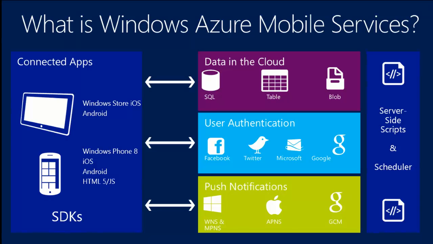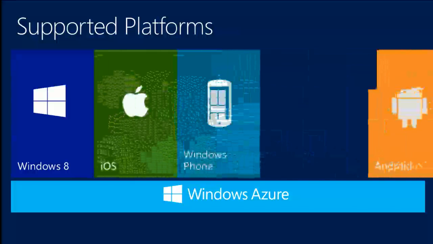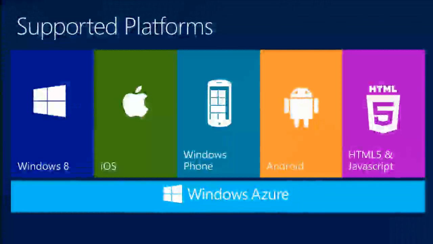So as far as Windows is concerned, push notifications if you want to send live tiles or toasts to your Windows Phone devices. APNS and GCM are also supported if you're developing for Android or iOS-based devices. So just to show the supported platforms, we are very open, and we do provide rich client experiences for not only our own products, but also iOS and Android.